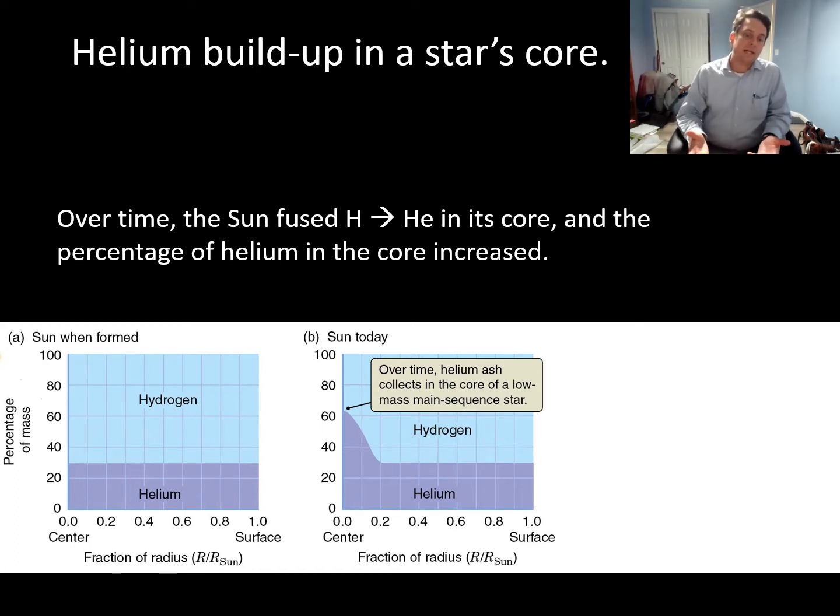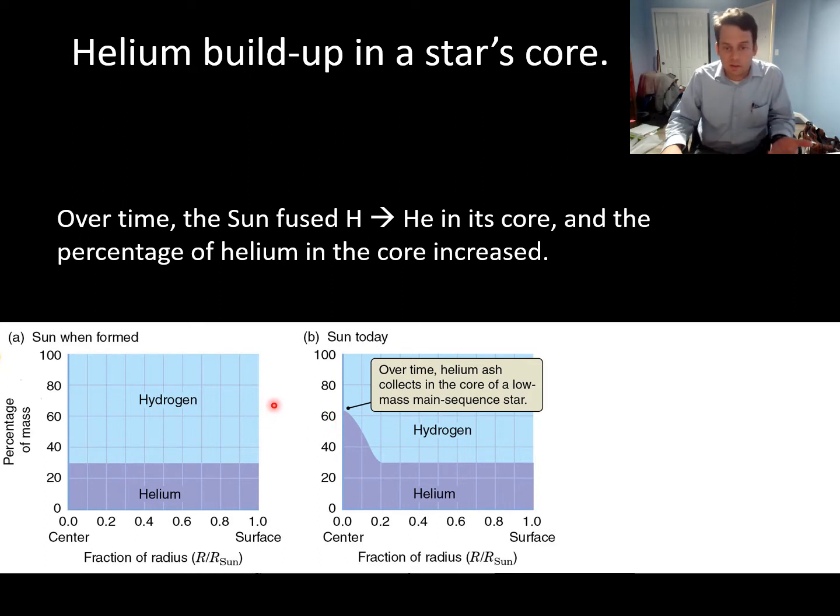But over time, these fractions change. Because in the core, by definition, the sun, or this low mass star, is undergoing the proton-proton chain. So hydrogen is being fused to form helium, and so the fraction of helium in the core increases over time, goes up from 25% and grows.